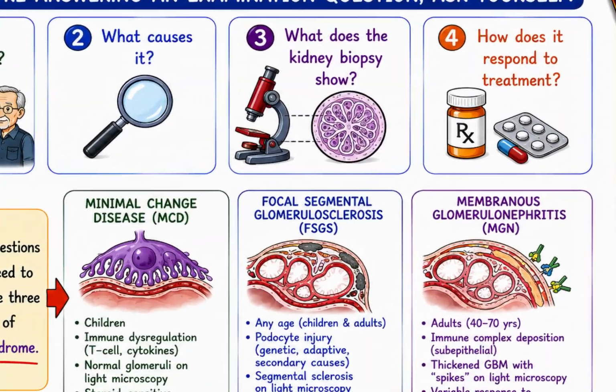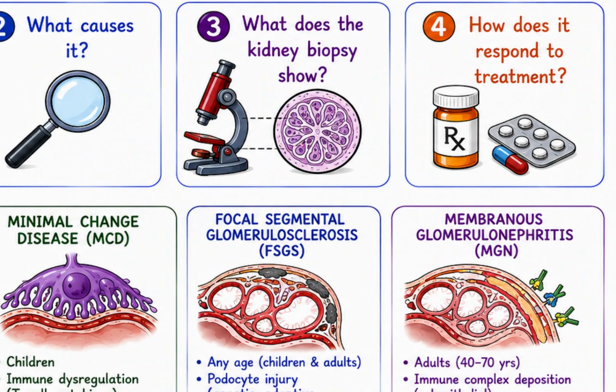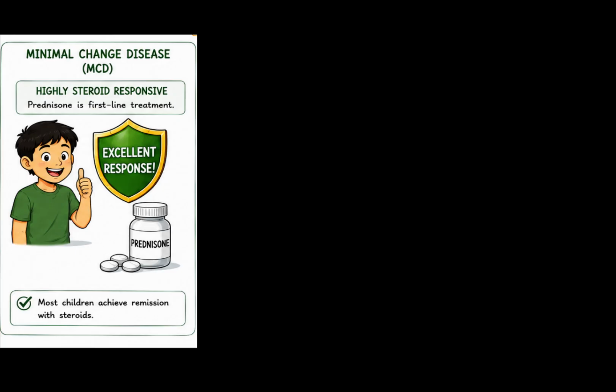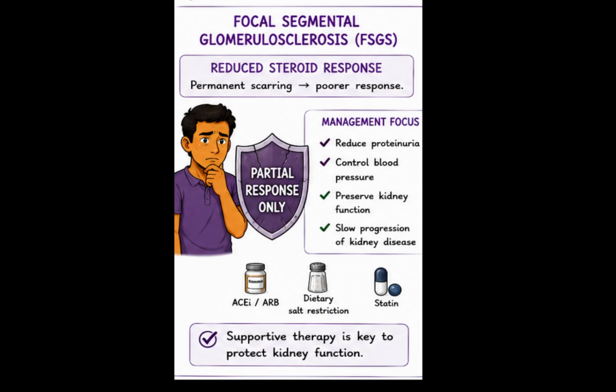The final clue is how these diseases respond to treatment. Treatment reflects the underlying disease mechanism. MCD is highly responsive to steroids, with prednisone as the first-line treatment. FSGS responds less well because permanent glomerular scarring has already developed. Management focuses on reducing proteinuria and preserving kidney function.